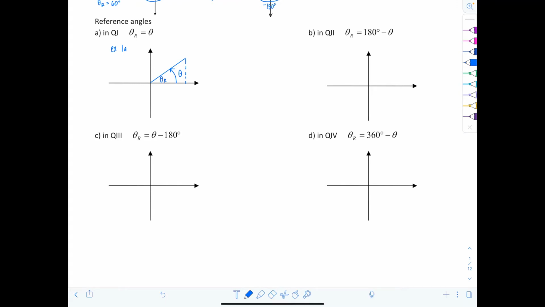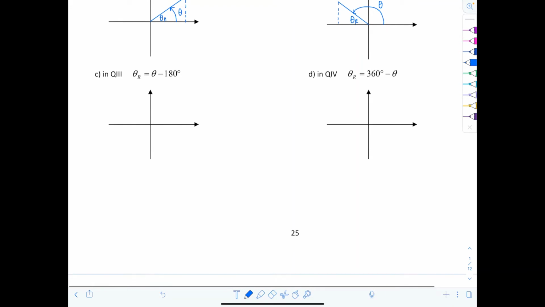Now, if theta terminates in quadrant 2, so here's the original angle theta, terminal side is in quadrant 2, then the reference angle is going to equal 180 minus theta. We saw that for example 1B.